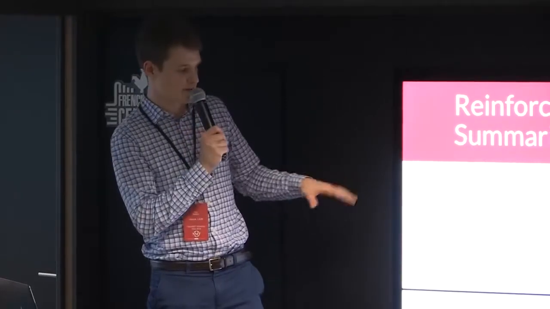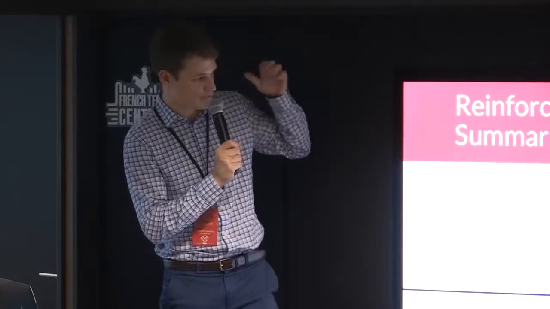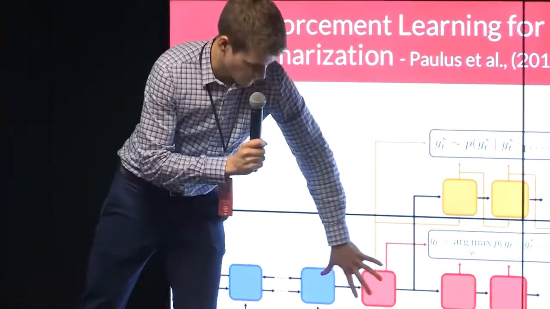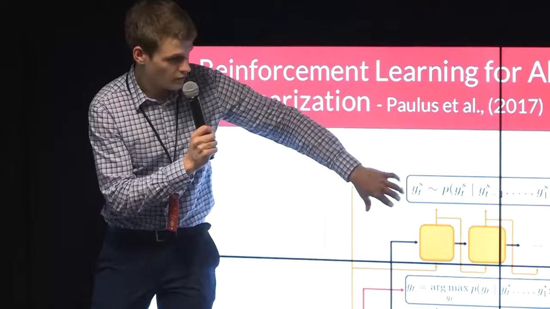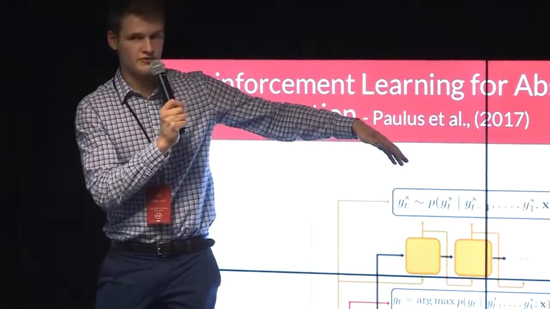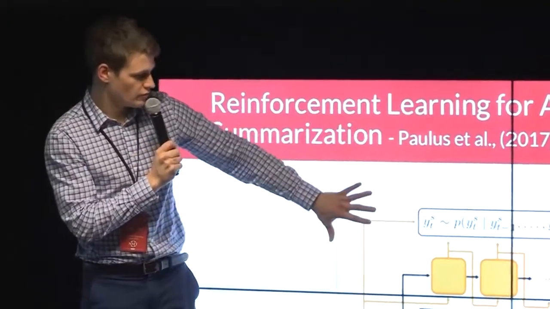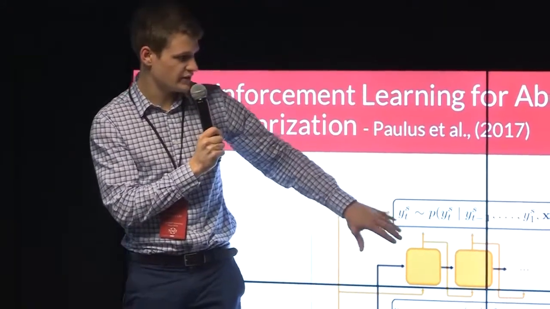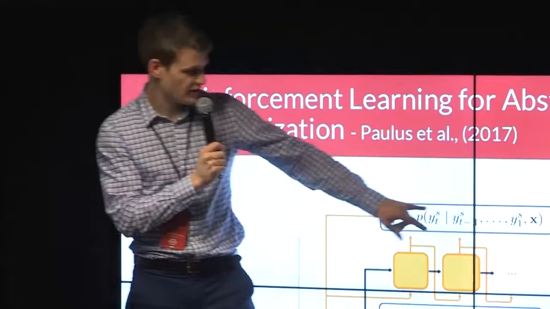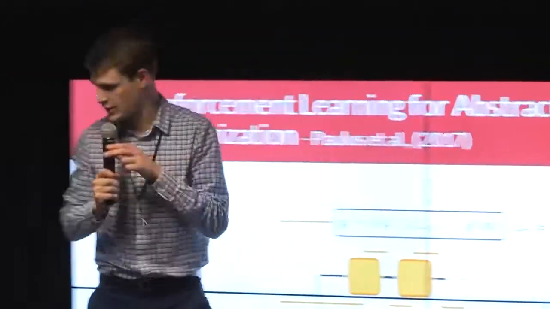So I do not have time now to go into detail, but basically this is what we always do in summarization, and this is a path that is more like an inference one. So we try to increase the probability of this sentence if it has a good ROUGE score.